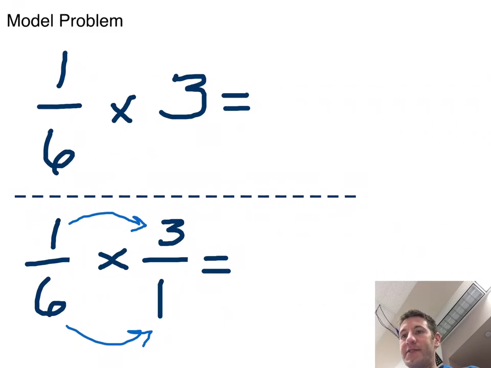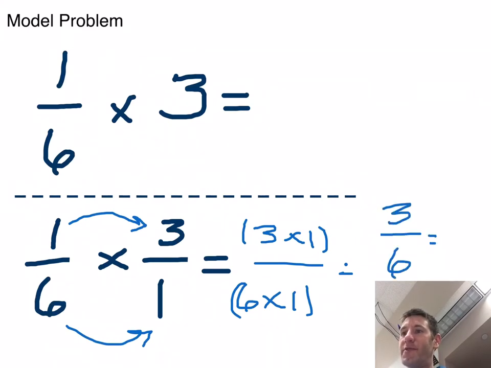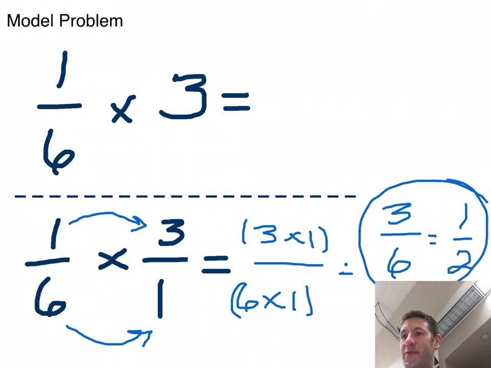That's 3 multiplied by 1, and 6 multiplied by 1. My answer will be 3/6. And we know that 3/6 is also equivalent to 1/2. So that's your answer right there.